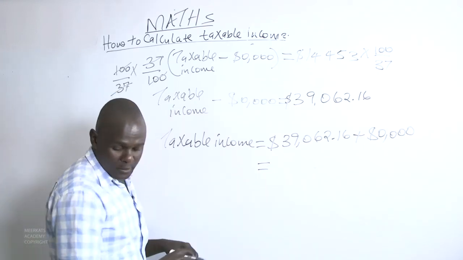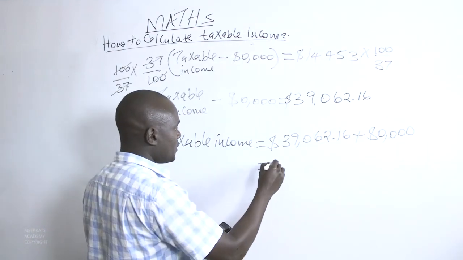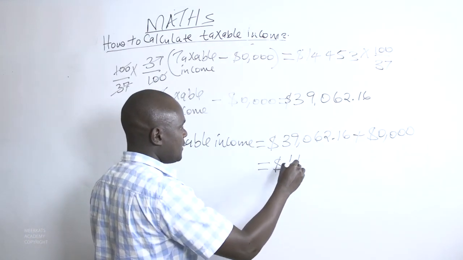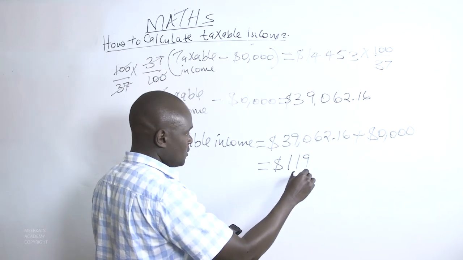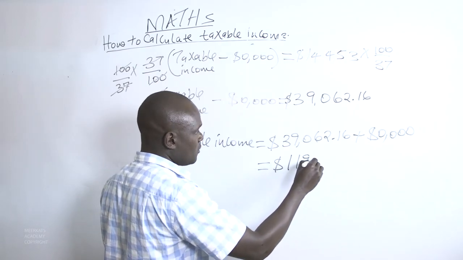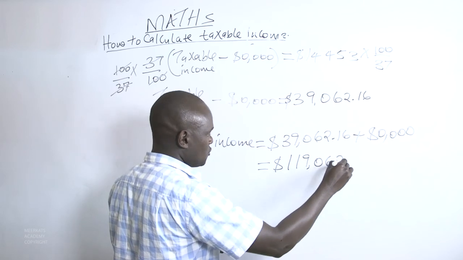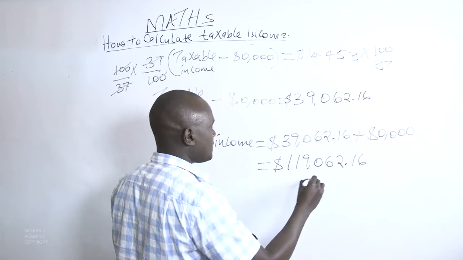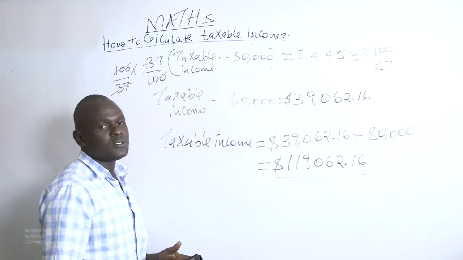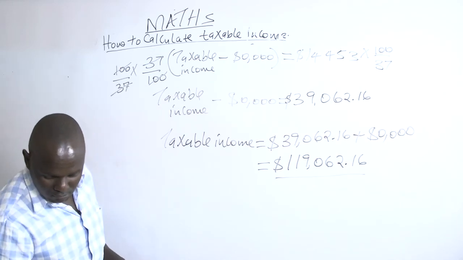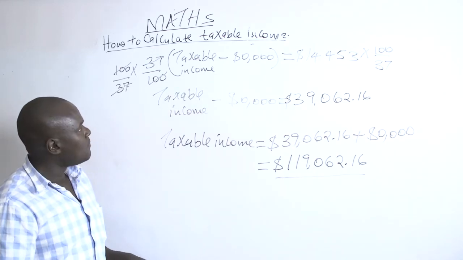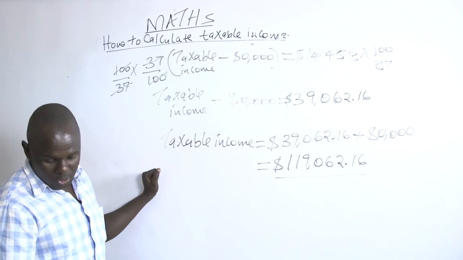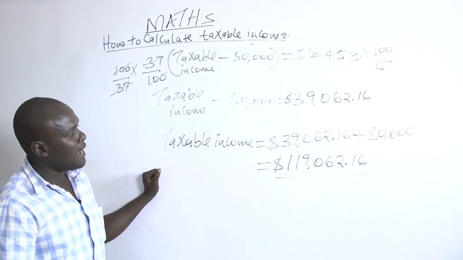And this will give us $119,062.16. This is the taxable income that this particular lady by the name Mary earns.